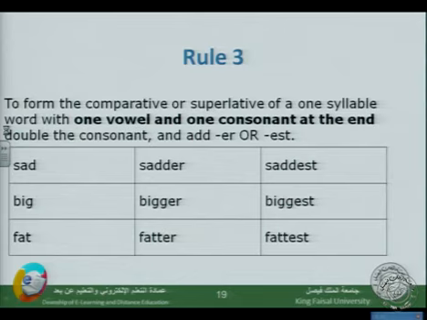Rule number 3. Sometimes a one syllable adjective ends with a vowel and consonant. لاحظوا مثل هذه sad, big, fat. All of them are one syllable adjectives. They end with vowel and consonant.